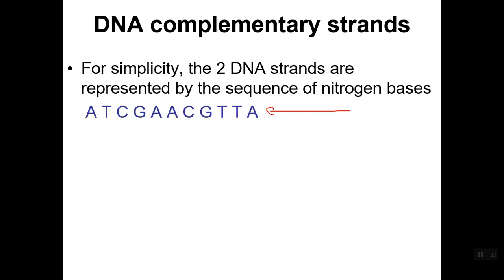When DNA copies itself, it doesn't put another A, T, C, G, A, C, G, etc., right? It's the matching base. So the matching base for an A would be a T. For a T, it would be an A. You guys know this. This is from middle school, right? C would go with a G.